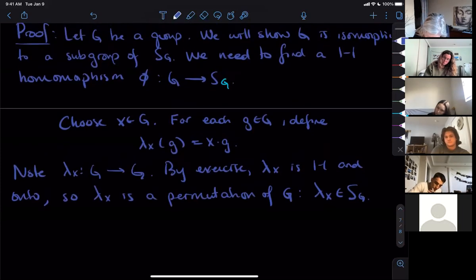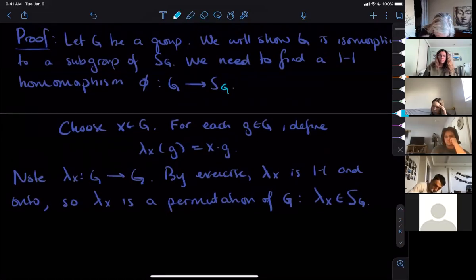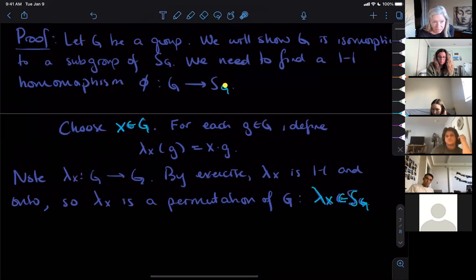So I've just now defined how you can get from X, which is an element of G, to lambda X, which is an element of S sub G. That's what my phi is going to be. To do phi, I need to be able to get from elements of G to elements of S sub G, and I've just described that mechanism. So here's how we're going to define phi.